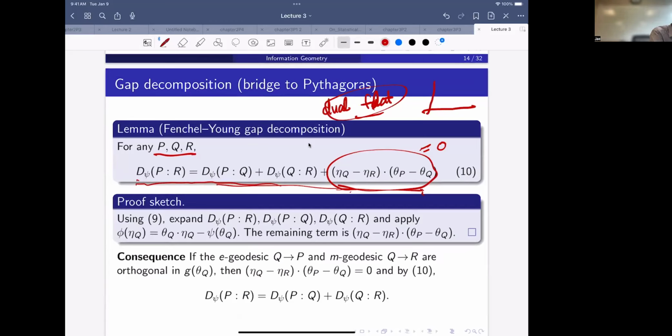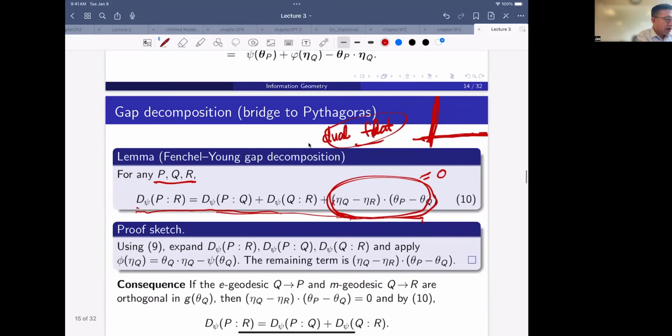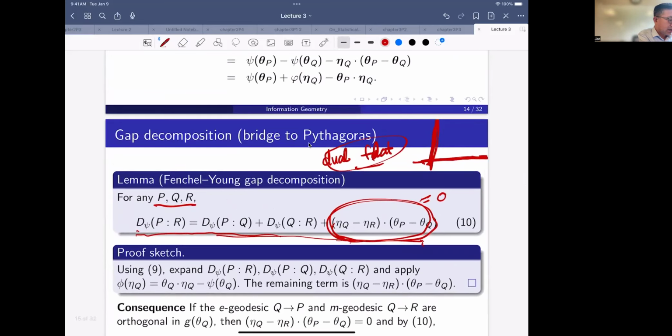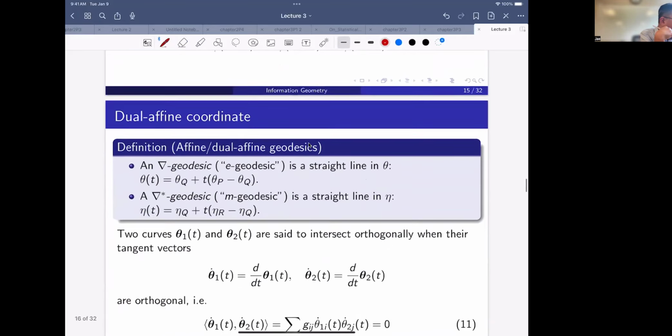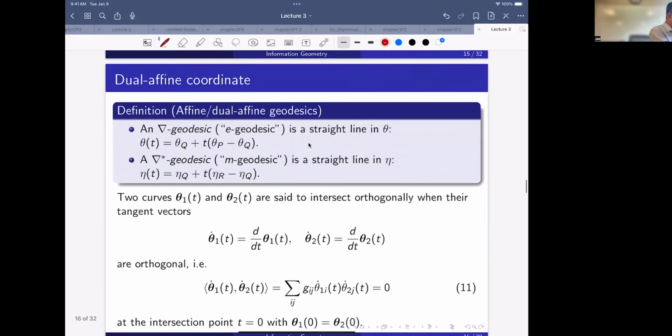So the condition that we want to impose is this guy belongs to one line, and this guy belongs to another line, and then we want to check that the inner product is zero. That means we need some sort of dual affine coordinate system. Affine means linear, right? So we want to create a geodesic line.